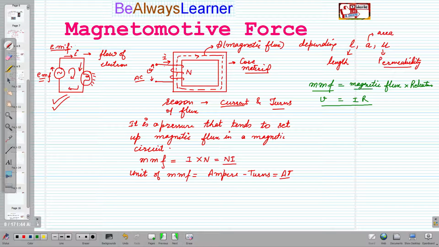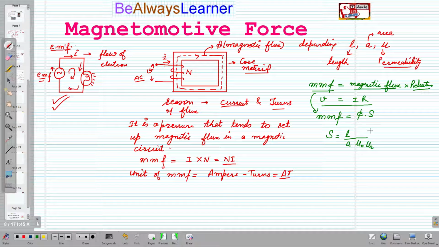So magnetic flux is equivalent to the current, and this reluctance is equivalent to the resistance, right? So we can say this formula can be modified, writing MMF is equal to flux, represented by phi, and this reluctance is generally represented by S. So the formula becomes phi into S. Now this S is the reluctance, which is equal to the length divided by the area and the permeability of the material, mu naught and the relative permeability mu r.